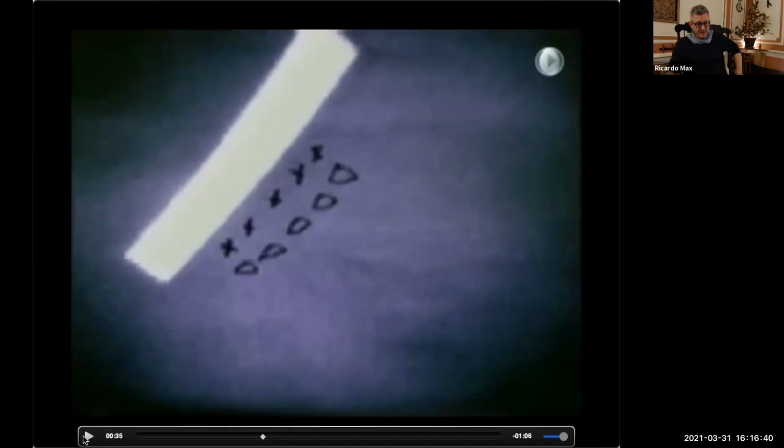Let me correct what I said. Where he marked the circles, I said it's outside the receptive field. It's not. It's inside, but this is also an on-off neuron. So it is not only sensitive to the orientation of a line.